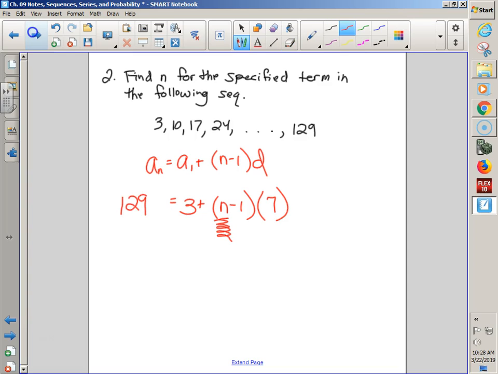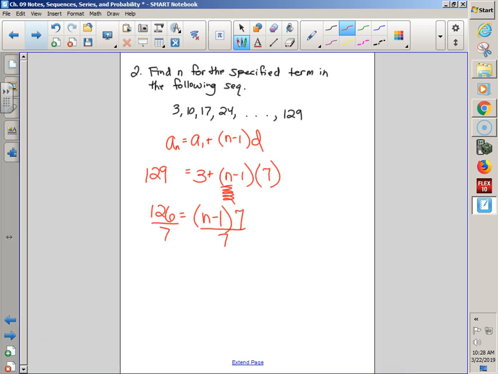If you plugged in 129, took away the initial 3, said, okay, well, how many jumps of 7 was that? You guys see how the math is answering these questions? And then 7 into 126 is 18. And then say, oh, but remember, 18 is 1 lower than the actual term.